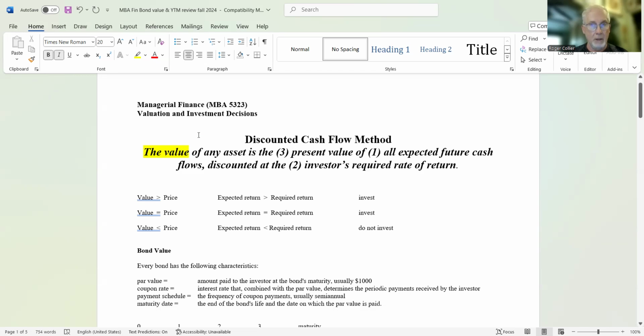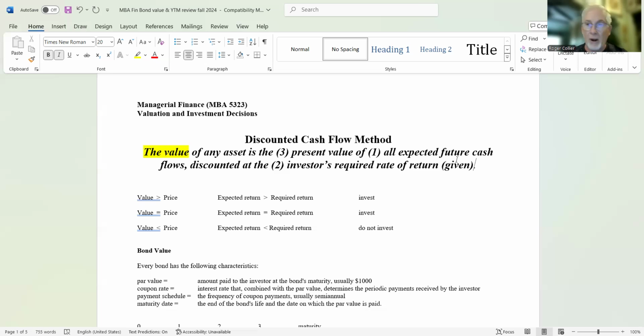Okay? Now, for now and for some time, the investor's required rate of return is something that I will give you. Later on, we'll learn how to estimate it. But for now, it's just going to be given. Right? Remember, though, our discussion of required rate of return having to do with interest and inflation and risk.